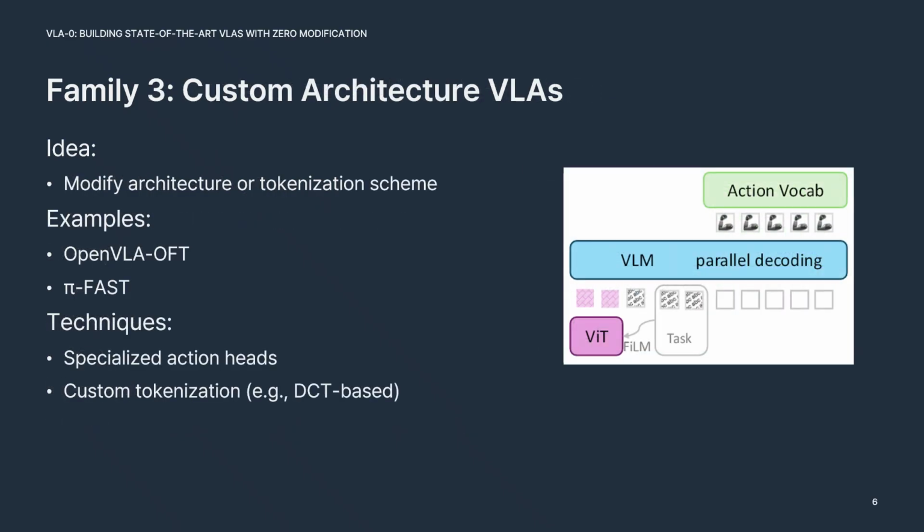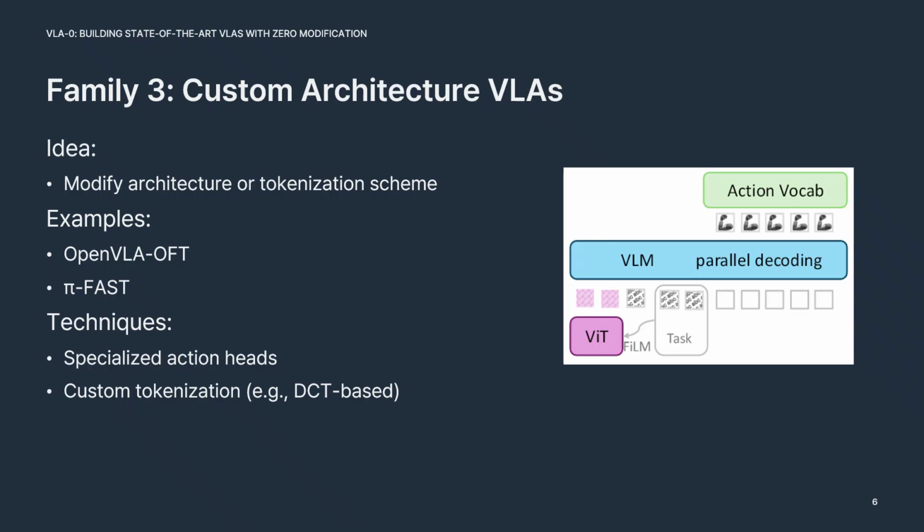The third family drastically modifies the architecture. This includes adding specialized action heads or designing custom tokenizers, such as DCT-based ones. For example, instead of using the VLM output as text, you can swap in something like an MLP head.